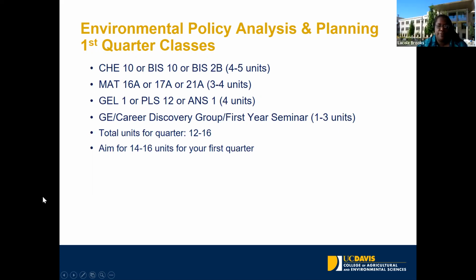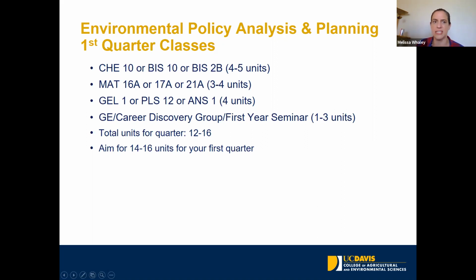Yes. Okay, awesome. So for environmental policy analysis and planning, we suggest starting out with chemistry or biology. Chem 10 is called Concept of Chemistry. You do not need a placement exam to take it. It is a little less intensive than Chem 2A, but it's still not an easy class. You also will be taking calculus.